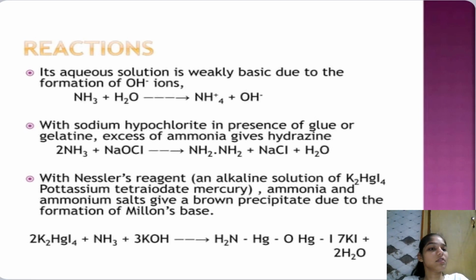Ammonia and ammonium salts give a brown precipitate due to the formation of Millon's base. So when Nessler's reagent reacts with ammonia plus potassium hydroxide, we get Millon's base plus water.